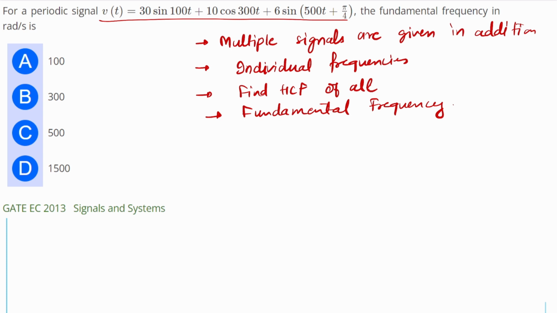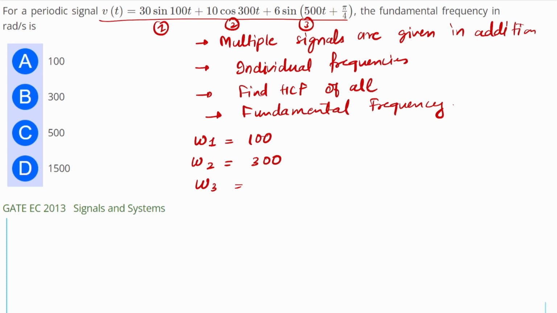Let's just find out the individual frequencies of all the above signals. So this is signal number 1, this is signal number 2, this is signal number 3. So I will write omega 1, the fundamental frequency of signal 1. So 30 sine 100t, that means 30 sine omega naught t. Omega 1 will be equal to 100 easily. Similarly, omega 2 will be equal to 300, and omega 3. This is represented as 6 sine(500t plus pi by 4), that means 6 sine(omega naught t plus phi).